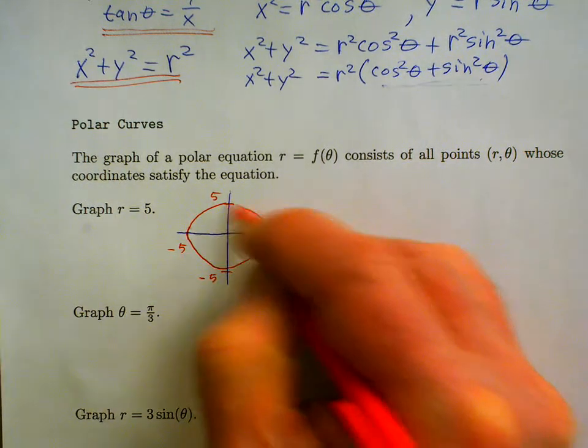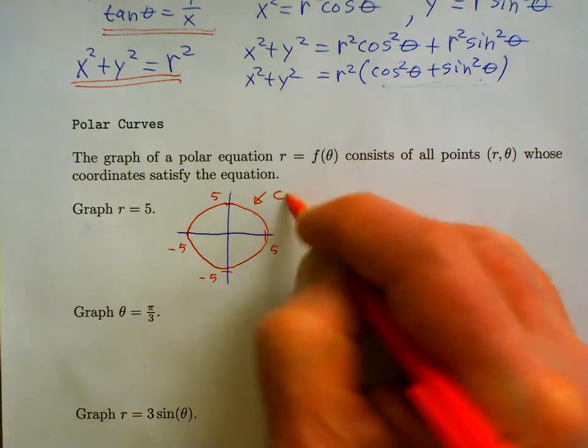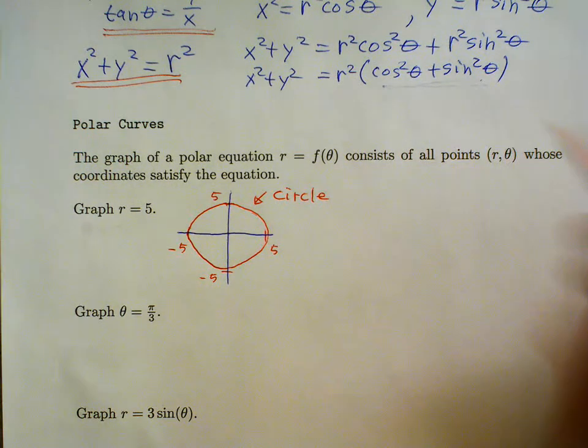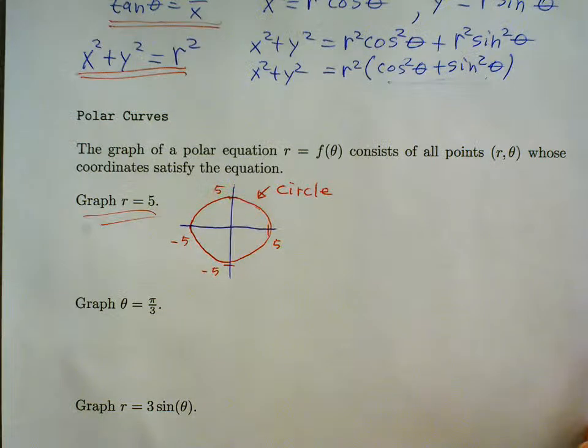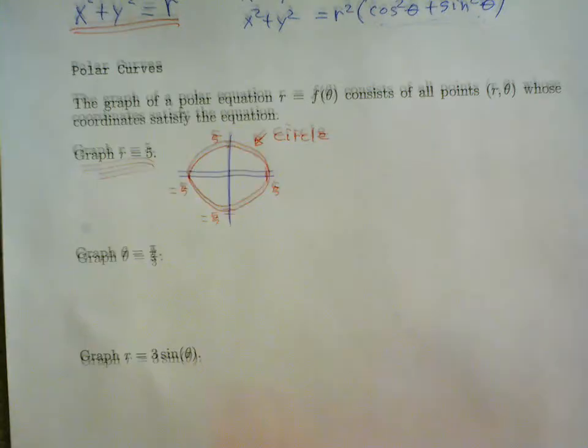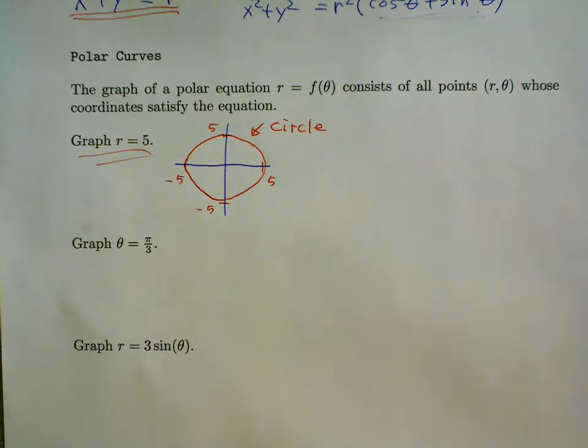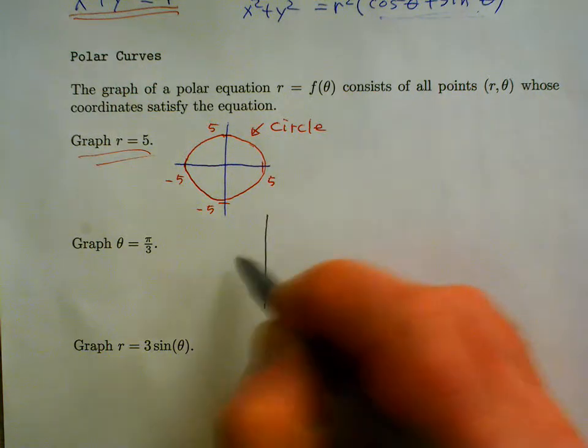So I should label this circle, since my drawing doesn't really look like a circle, but that's what the graph of that equation is. Okay, we have time for one more. And if we have theta equals pi over 3, there's no mention of r values.